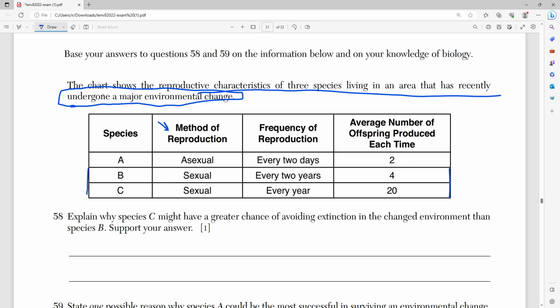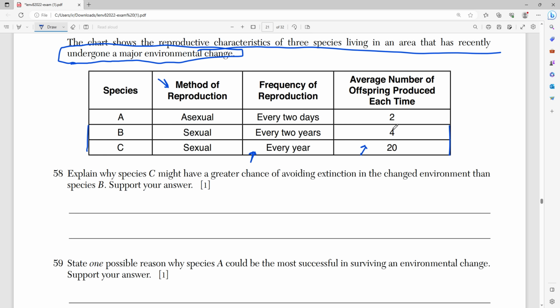With sexual, it's a combination of both parents, right? So here, knowing that, we know that species C reproduces more frequently, and we know that they produce a greater number of offspring per each reproduction, right? Because they're reproducing quicker and in greater numbers, species C is going to eventually be more diverse, right?